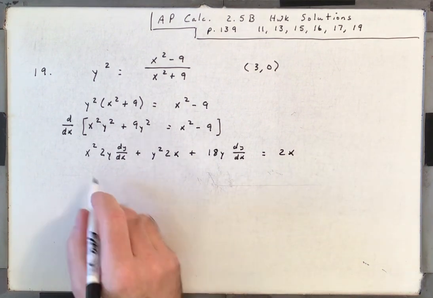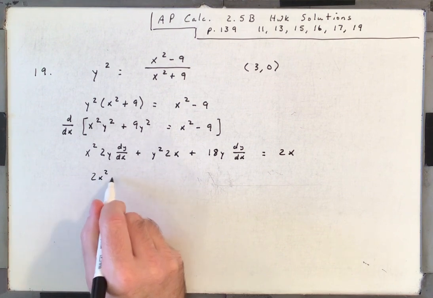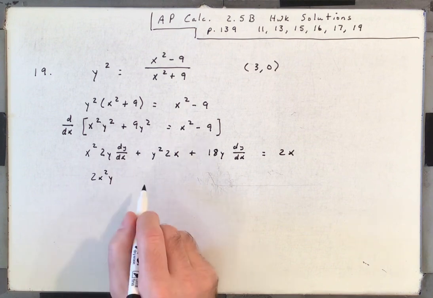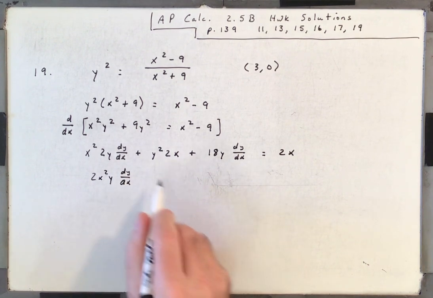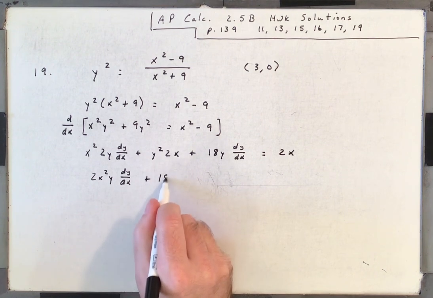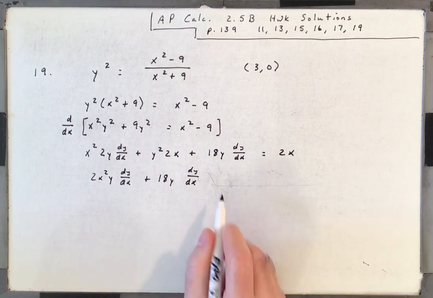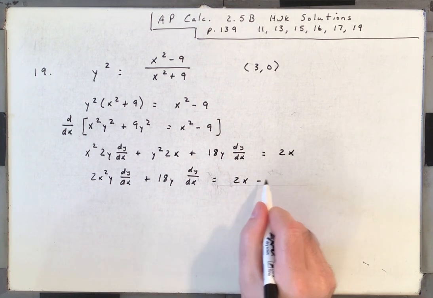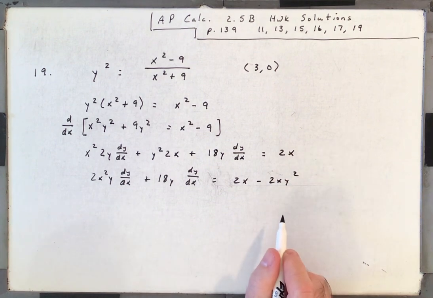So let's collect here. We've got 2x squared y dy/dx plus 18y dy/dx equals 2x minus 2xy squared.